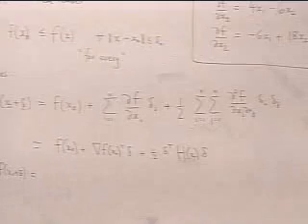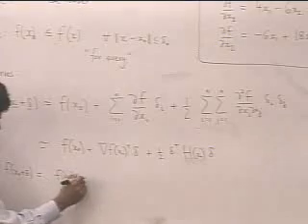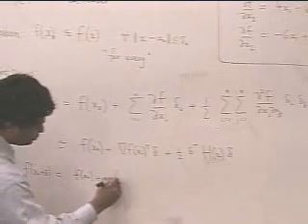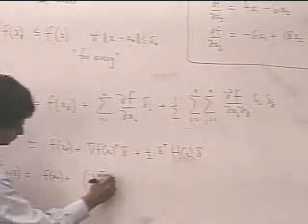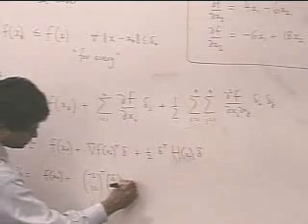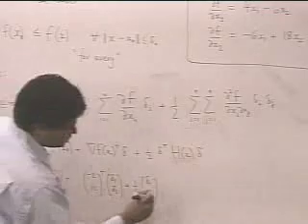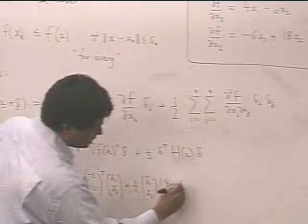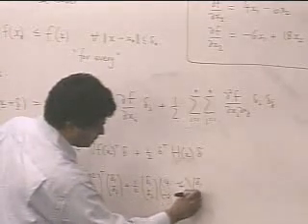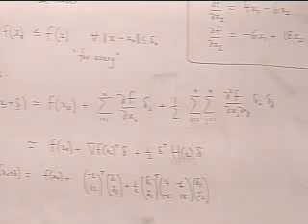I don't know what f of x0 is, plus the gradient vector minus 2 and 12, transpose delta 1, delta 2, plus 1/2 of delta 1, delta 2, times the Hessian, which is 4, minus 6, and 18, times delta 1, delta 2. Ah, this one is transposed, yes. So that's the Taylor series expansion.